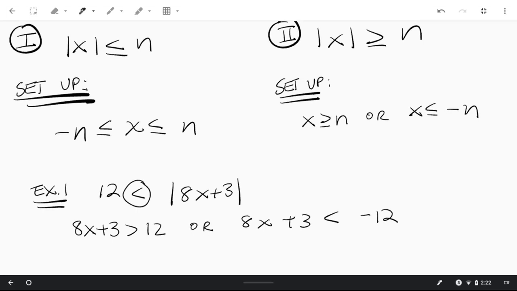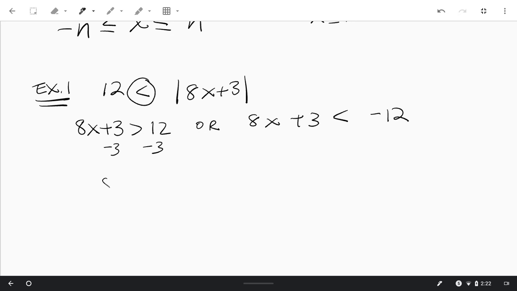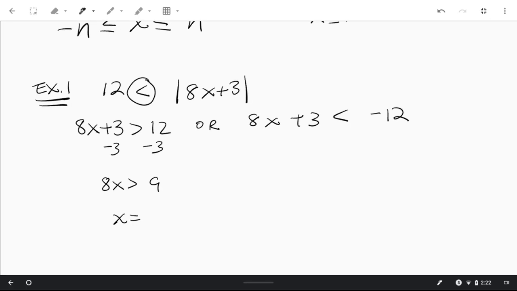Okay, so let's go ahead and solve this. We solve each one. So subtract 3 from both sides. So 8x is greater than 9. Divide both sides by 8. So x is greater than 9 over 8.